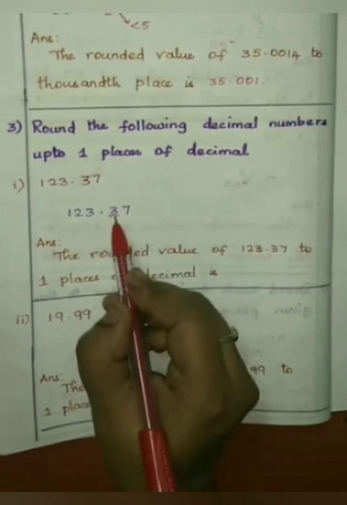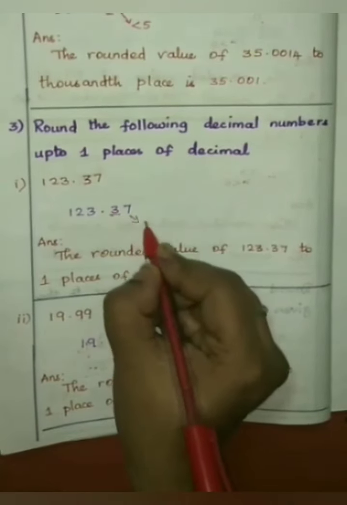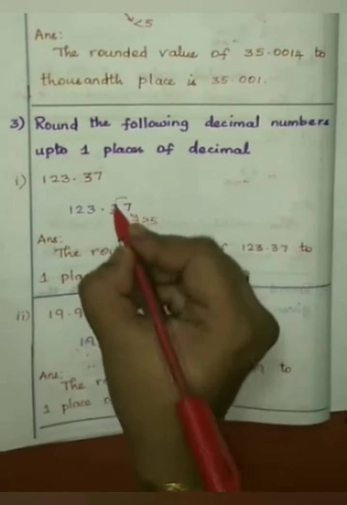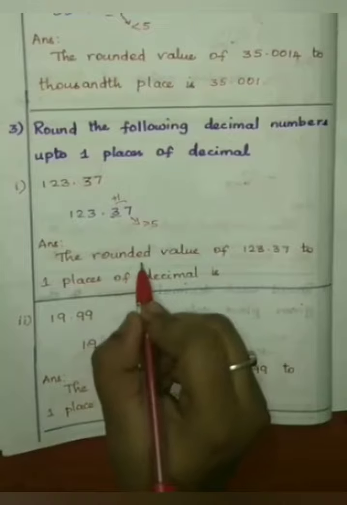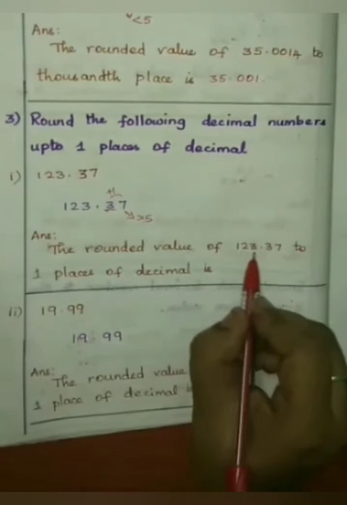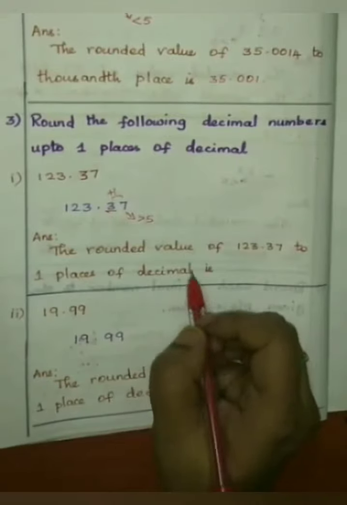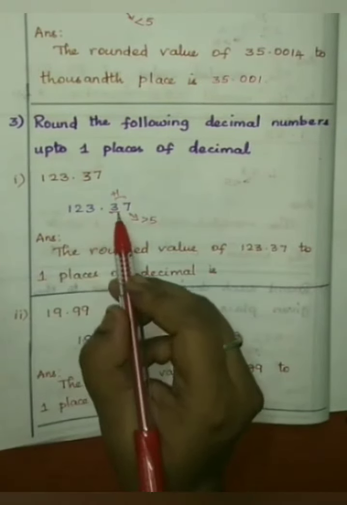See the digit to the right of 3. What is that? 7, which is greater than 5. So add 1 to this 3. So the rounded value of 123.37 to 1 place of decimal is, when you add, what will you get? 123.4.